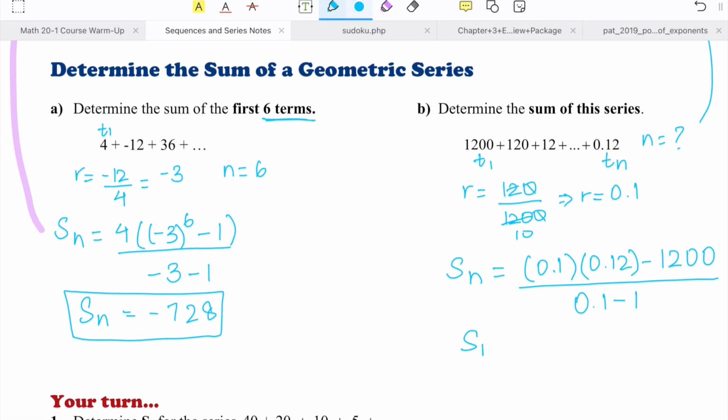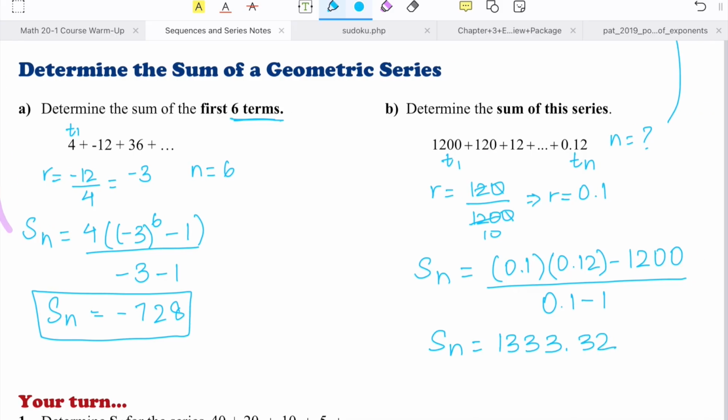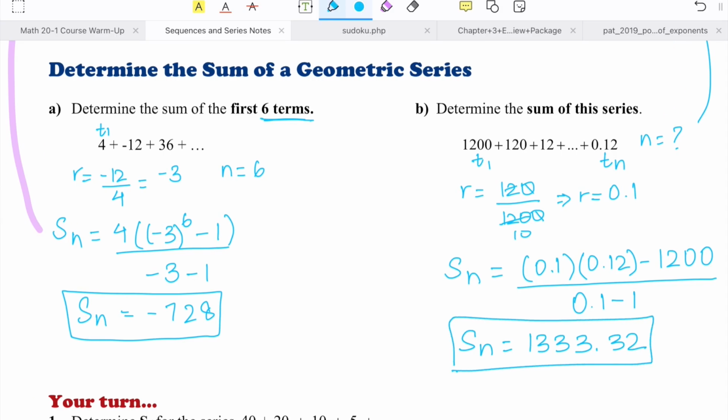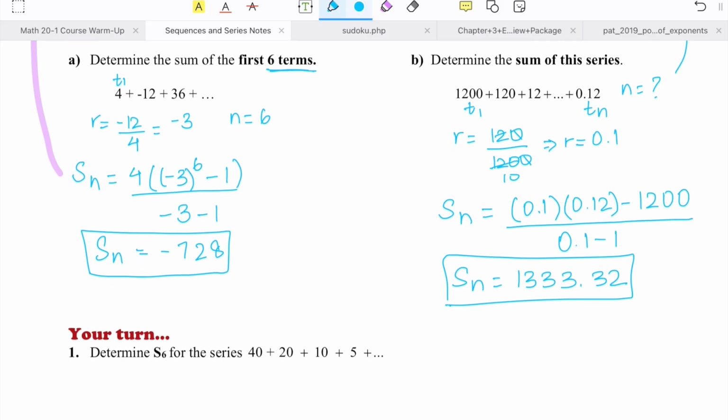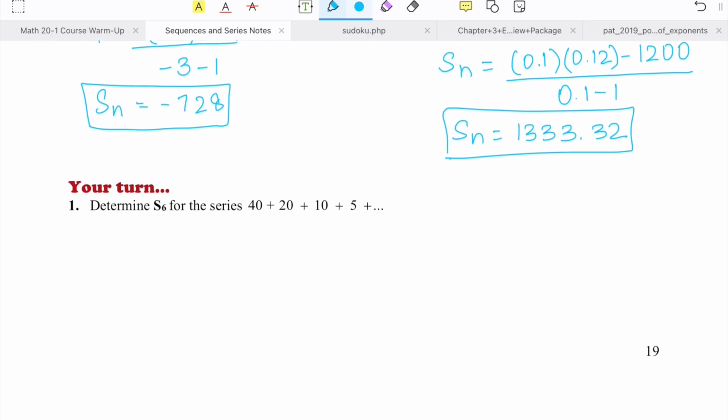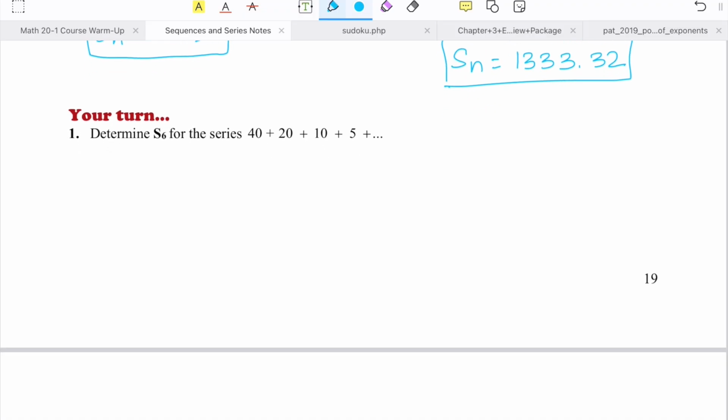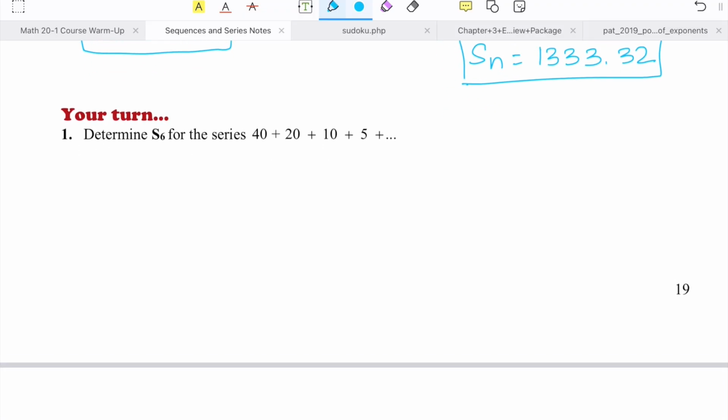So Sn will be 1333.32. Good, right? Pretty easy. Put things into the formula. All you need to figure out is what your T1, Tn, n, and r are. Okay, so try this question. I'm going to give you guys a few minutes to do this question.